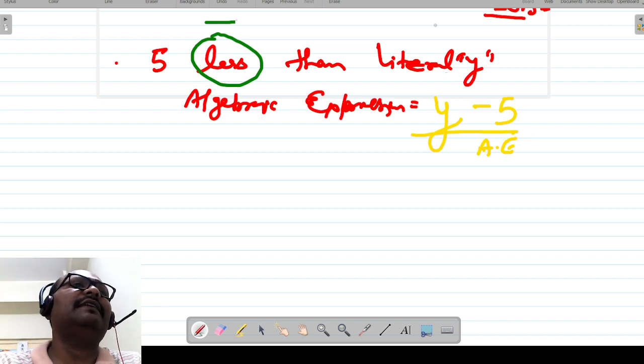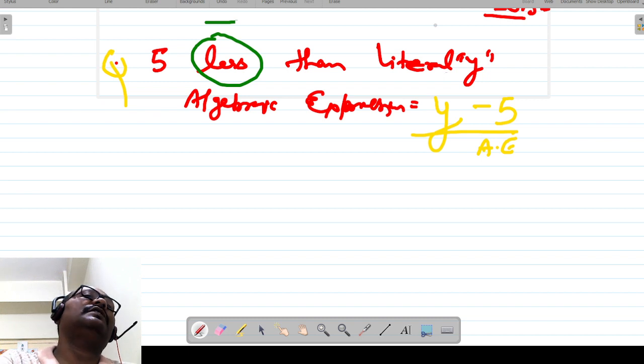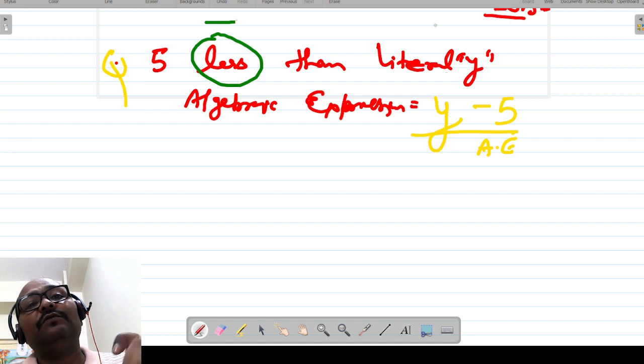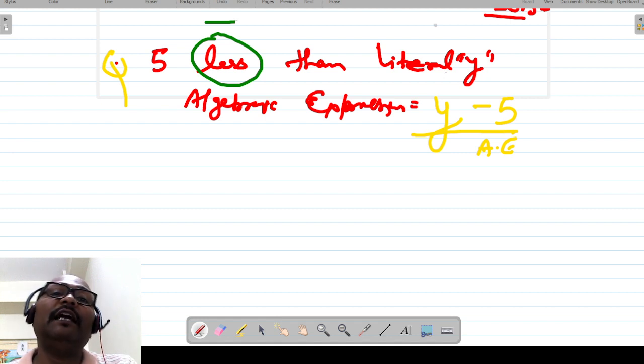Very simple. You can just try to understand the questions first. Whenever you understand the question, the answer is already there in the question. The beauty of algebraic expressions is that all the information provided in the question will help you derive the algebraic expression. So don't worry about all that.